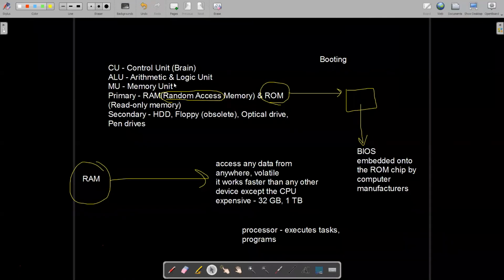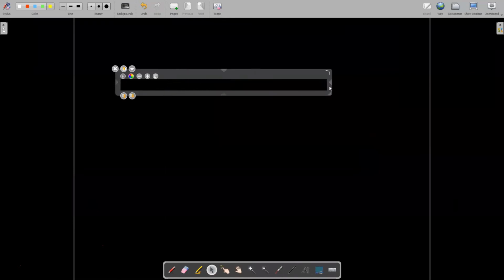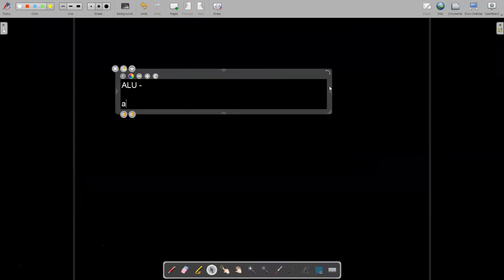So apart from this, now you have CU, which is the control unit, and ALU, which is the arithmetic and logic unit. All the different operations take place within the arithmetic and logic unit, and the memory unit we already discussed. Coming to ALU, here you can perform all kinds of arithmetic operations. What are the arithmetic operations? Addition, subtraction, multiplication.